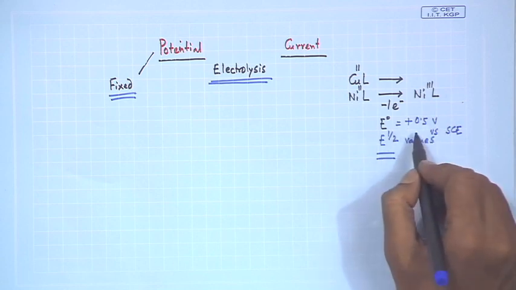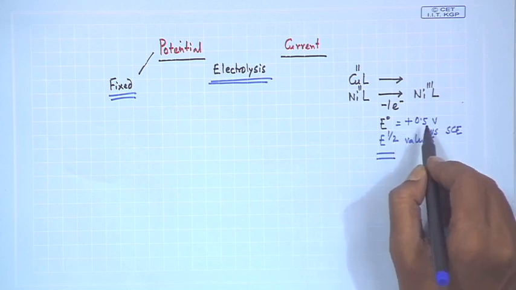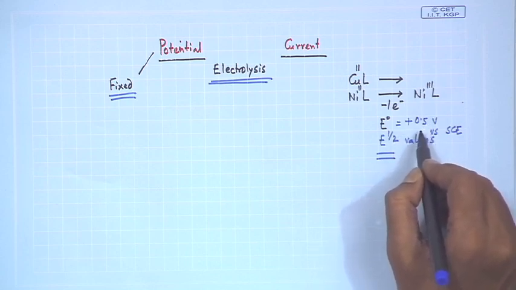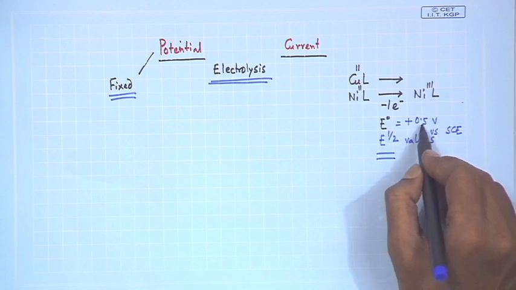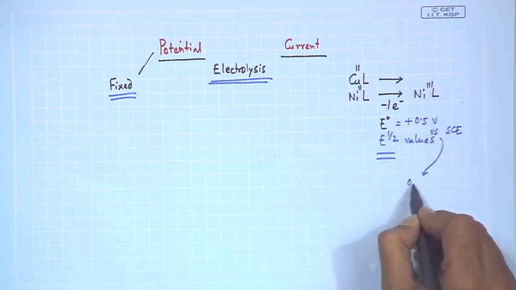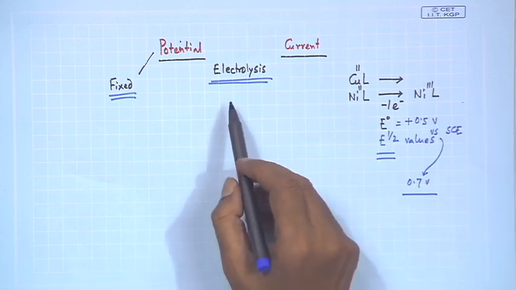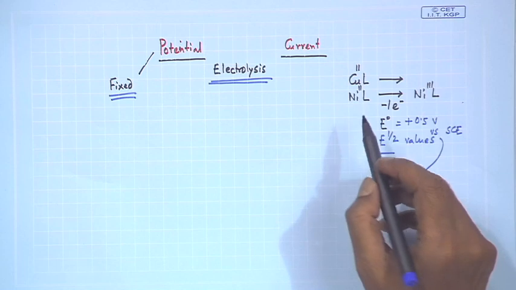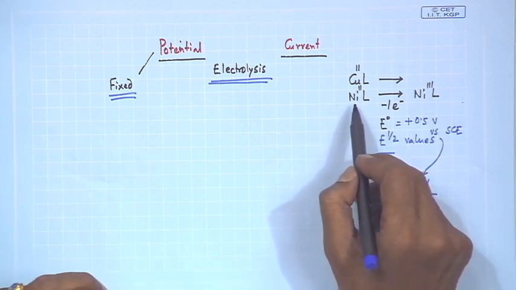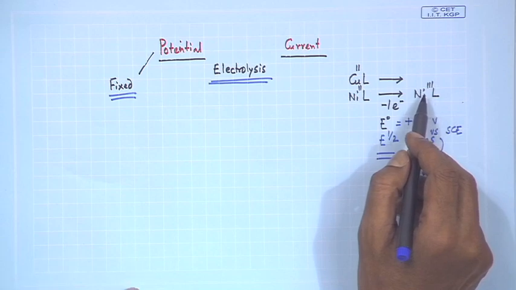So, your potential for electrolysis should be higher than this half wave potential. It can be 0.6 or 0.7. So, at 0.7 volt we can go for the electrolysis so that the entire copper sample is converted to the trivalent state.